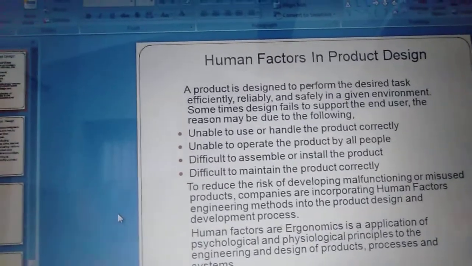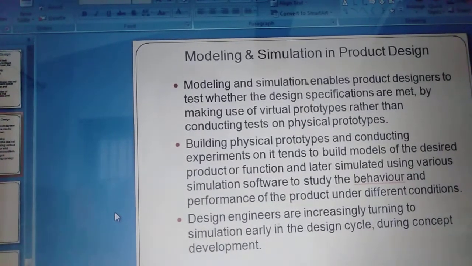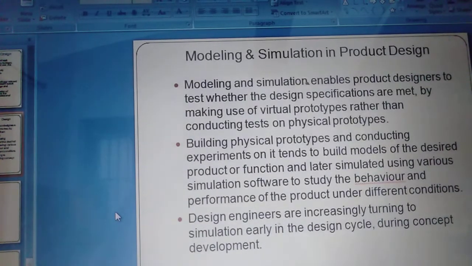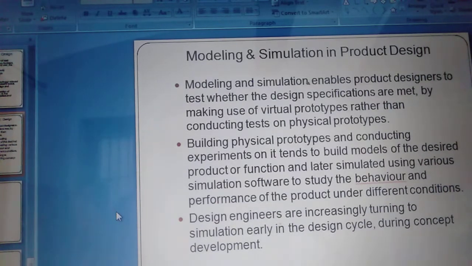So next we have modeling and simulation. Modeling and simulation in product design enables product designers to test whether the design specifications are met by making use of a virtual prototype rather than conducting tests on physical prototypes. See how modeling and simulation are very important in product design.